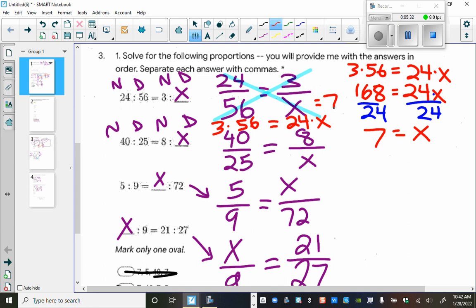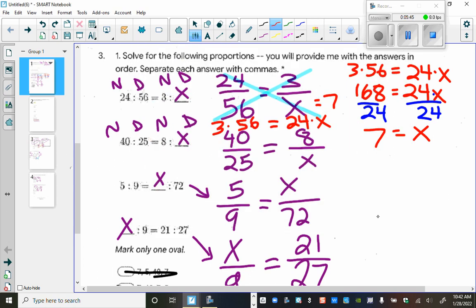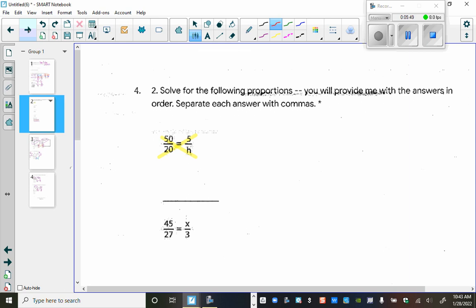Now, the next page. Next page is basically the same concept. Same concept, that's all you're doing. You're not doing anything different.